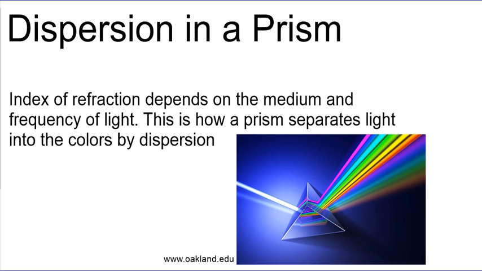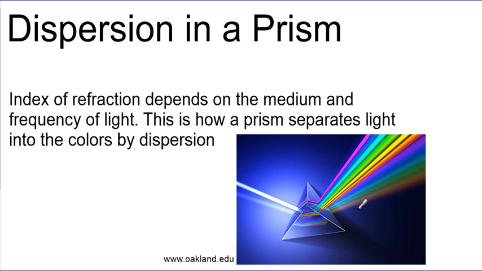This is also how a prism is able to separate the white light coming in into the rainbow, the ROY G. BIV, going out. For a particular medium, the index of refraction is actually dependent on the frequency of light. For that metamaterial that I was talking about before with the 38.6 index of refraction, that only works at 0.35 terahertz.